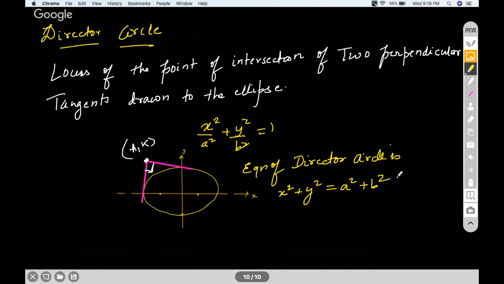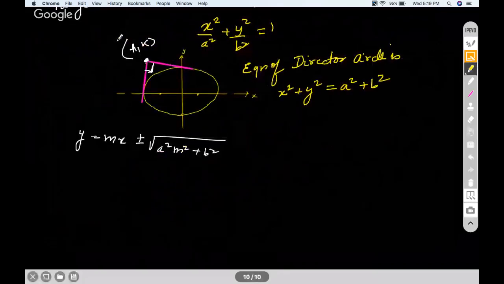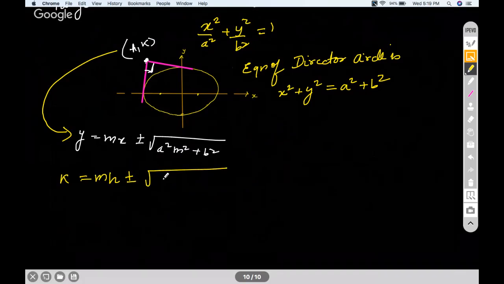Yes, anybody has any idea? All right, so we'll try to use the fact that the equation of the tangent in the slope form. We all know that the equation of a tangent in the slope form is y equal to mx plus minus under root of a square m square plus b square, right? And since this point satisfies this line, I can say k is equal to mh plus minus under root of a square m square plus b square.